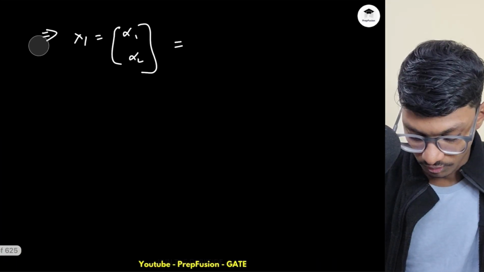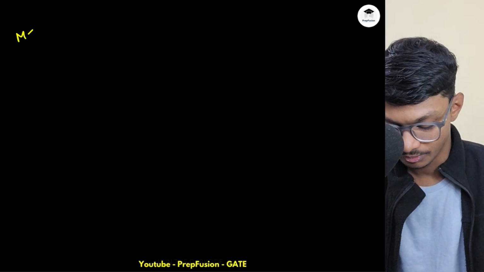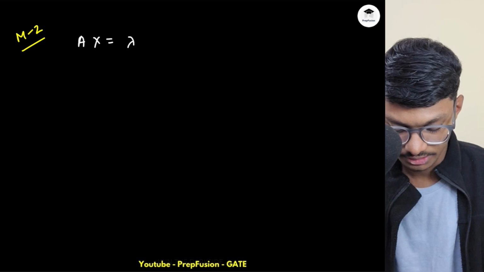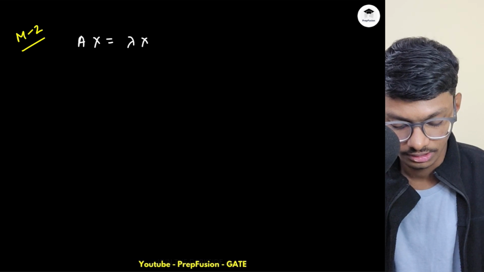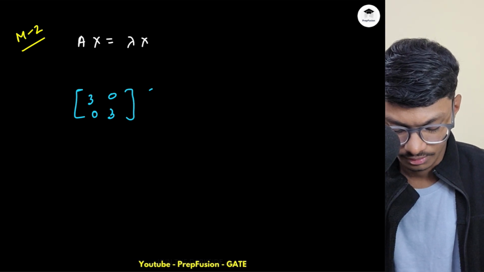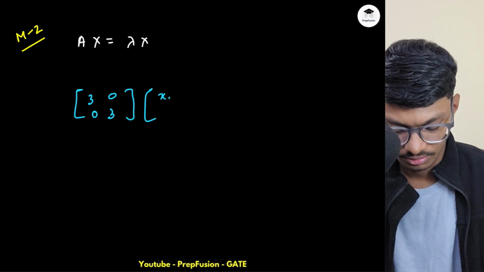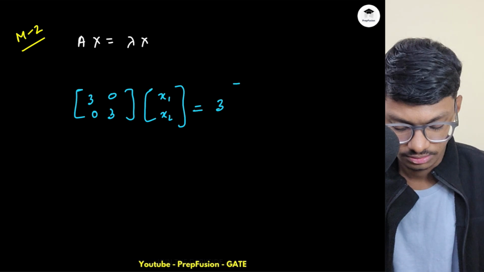Now method 2. Let me write the eigenvector later. Simply, we know Ax equals lambda x, so again we use this equation. Both are saying the same thing, so you can use whichever method you prefer. Here [3, 0; 0, 3] times x1, x2 equals 3 times x1, x2.